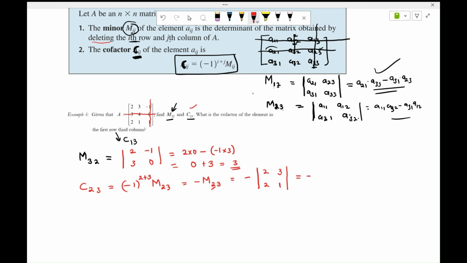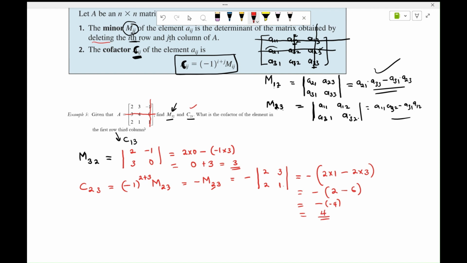But we have a minus outside. So this will be 2 times 1, minus 3 times 2, which is 2 minus 6. So this is minus minus 4, which is just 4.